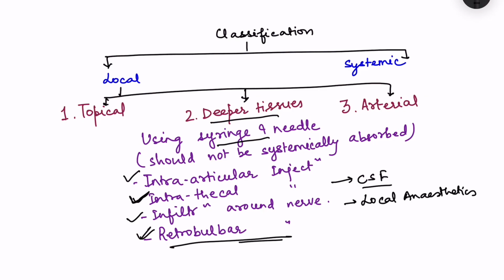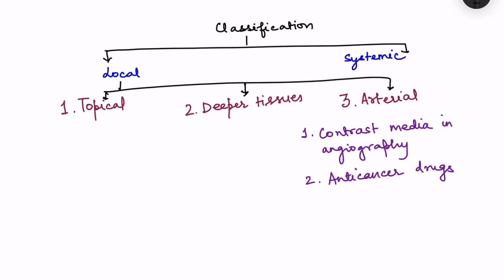The drug is given locally, it is not being absorbed into the circulation. If it is being absorbed into the circulation, then all the drug will go from the local tissue and it will not be able to act where it is intended to act. Then we have arterial. In this, the drug is within the arteries. See, when we talked about systemic injections, basically that injection is into the veins. And from the veins, a lot of veins will combine together, they will return the blood to the heart, and from there, through the arterial blood supply, the drug is going to go to many tissues.